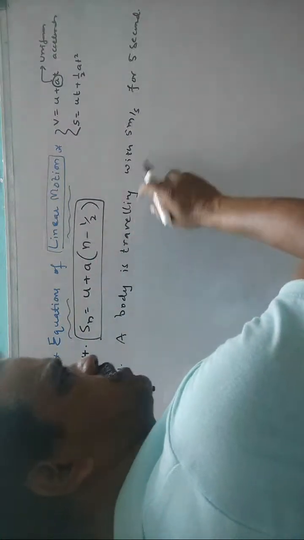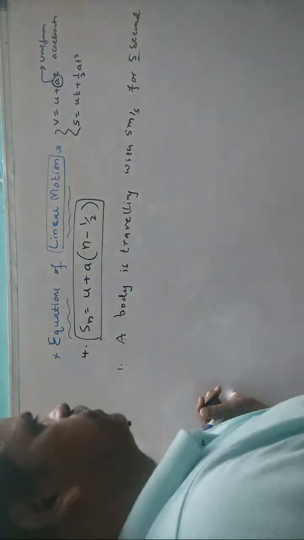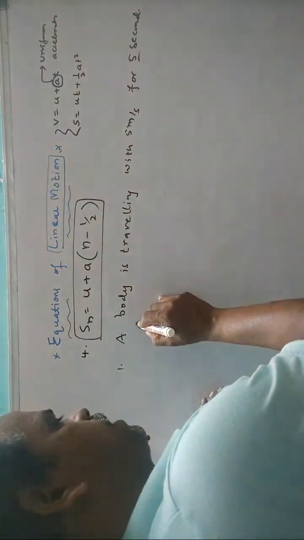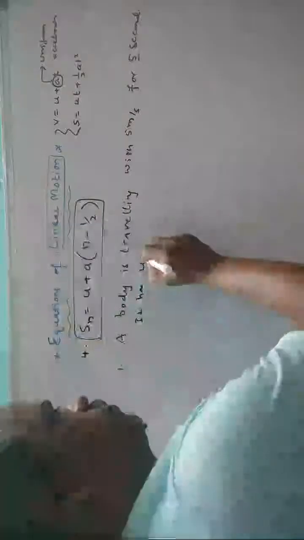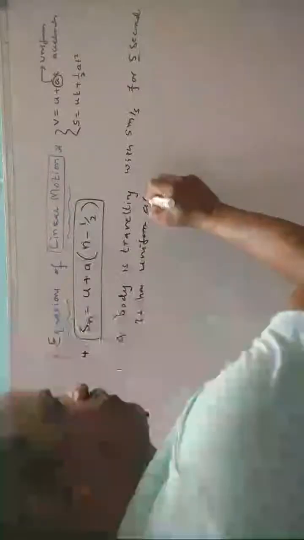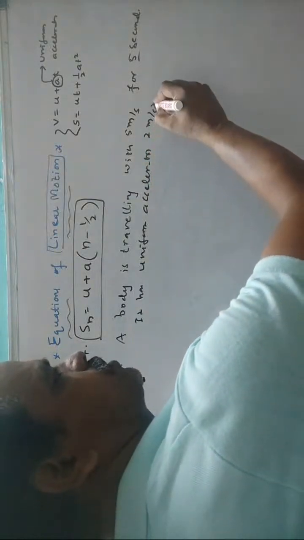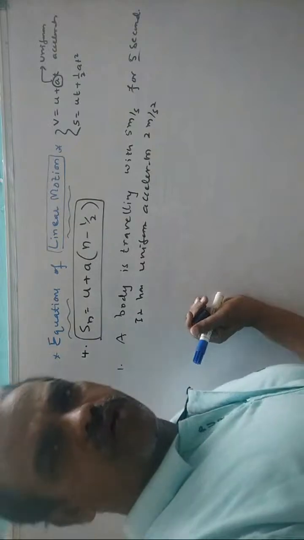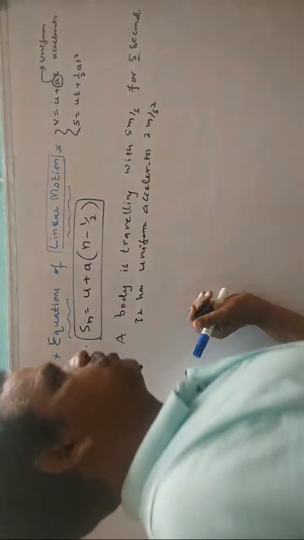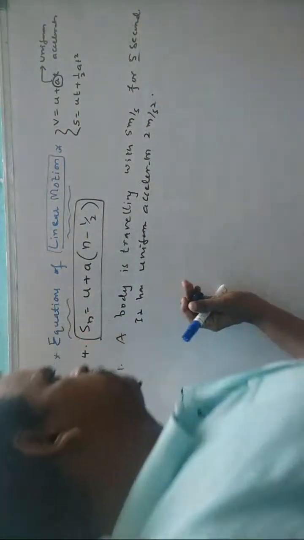Otherwise we can say a body is traveled for 5 seconds. It has uniform acceleration 2 meter per second square. So this is the information.